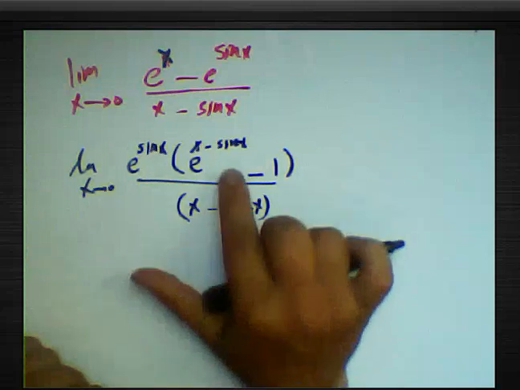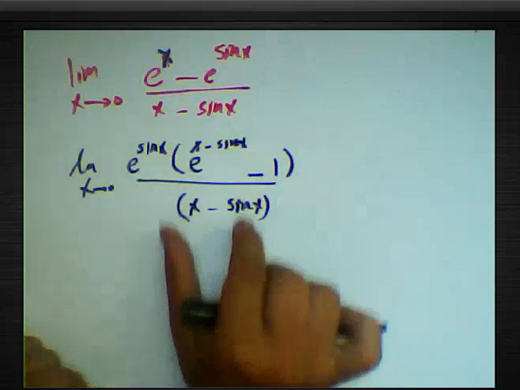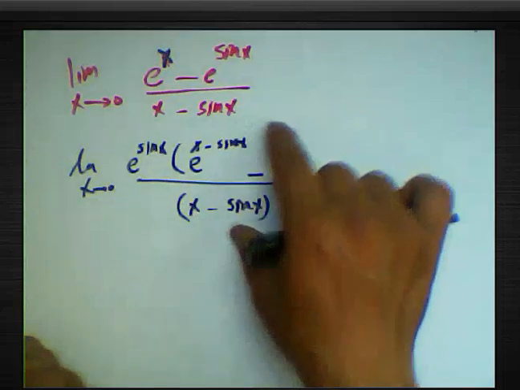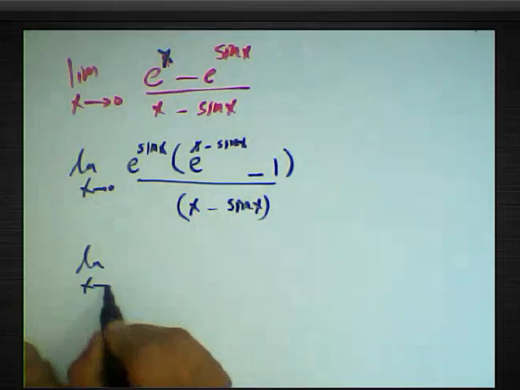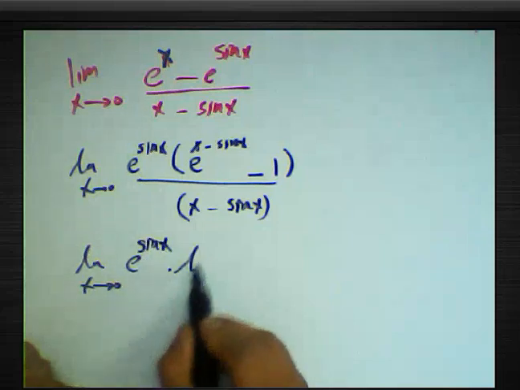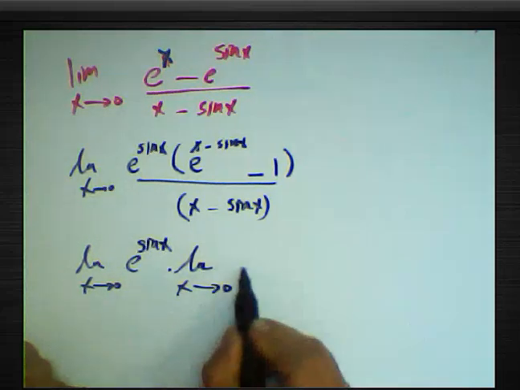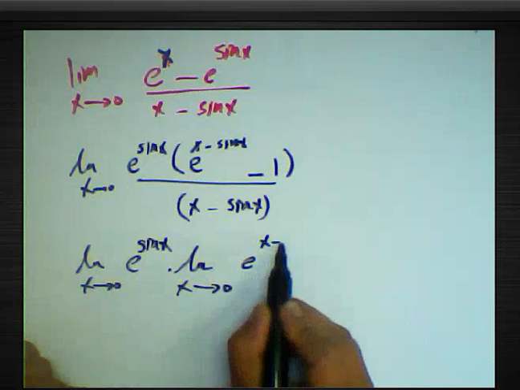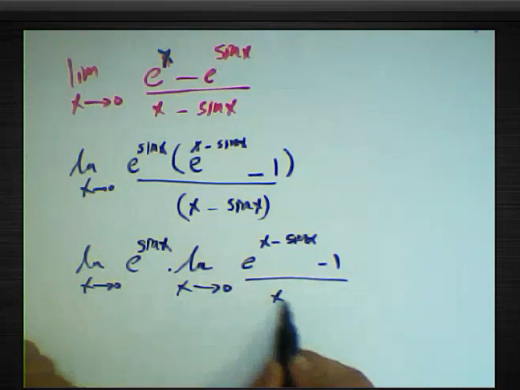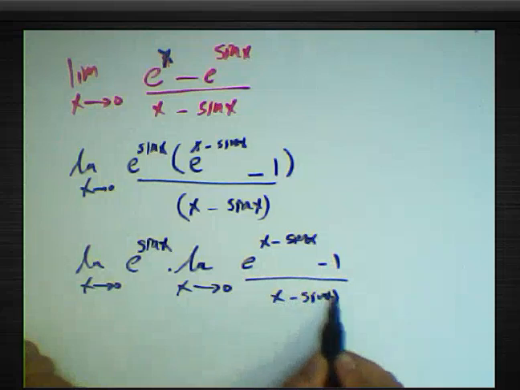Look at the base here and the power, they are alike, so the result here will be equal to 1 for this function. If we put limit when x approaches 0, e to the power sine x multiplied by limit when x approaches 0 of this function, e to the power x minus sine x, minus 1 over x minus sine x.